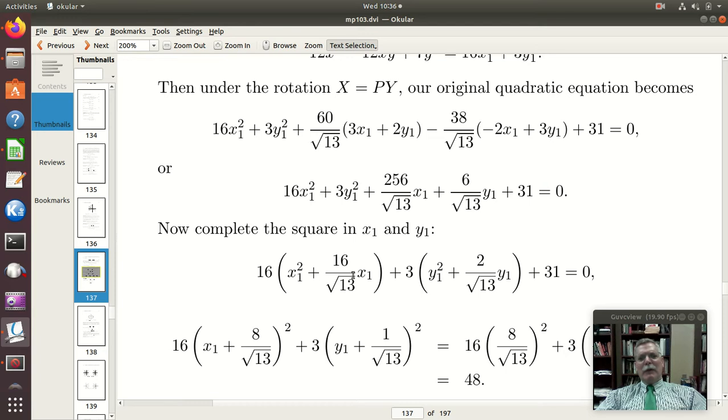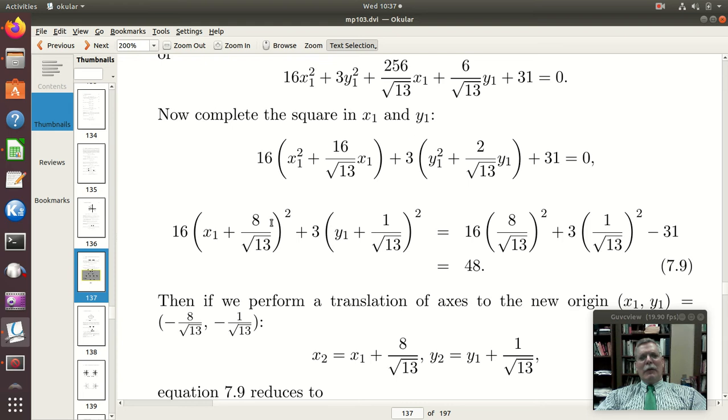So they do completing the square. They group the x1s together, pull out the 16. 256 over 16 is 16. And so they get this. For the y, they get something similar. They do completing the square, and they certainly don't show their steps a whole lot in there, but they took half of that number as their a here, so x1 plus a squared, and took half of that number.